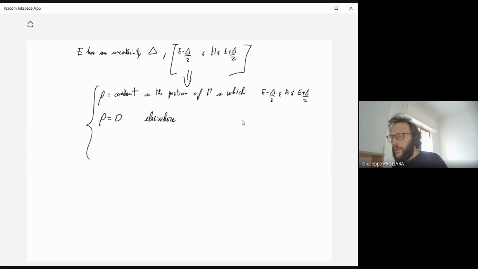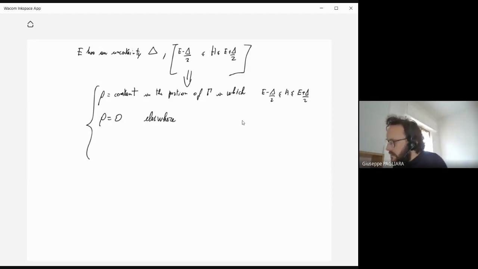Okay? So let me summarize. We know that in principle, all the trajectories move along a hypersurface, which is determined by the constraint that the Hamiltonian is equal to the energy. But then it's difficult to compute volumes, because you have a hypersurface. So it's much easier to compute a portion of the phase space, and so introduce a layer, not a hypersurface, which also corresponds to the fact that the energy is not exactly fixed, but you can have a sort of uncertainty on the energy.